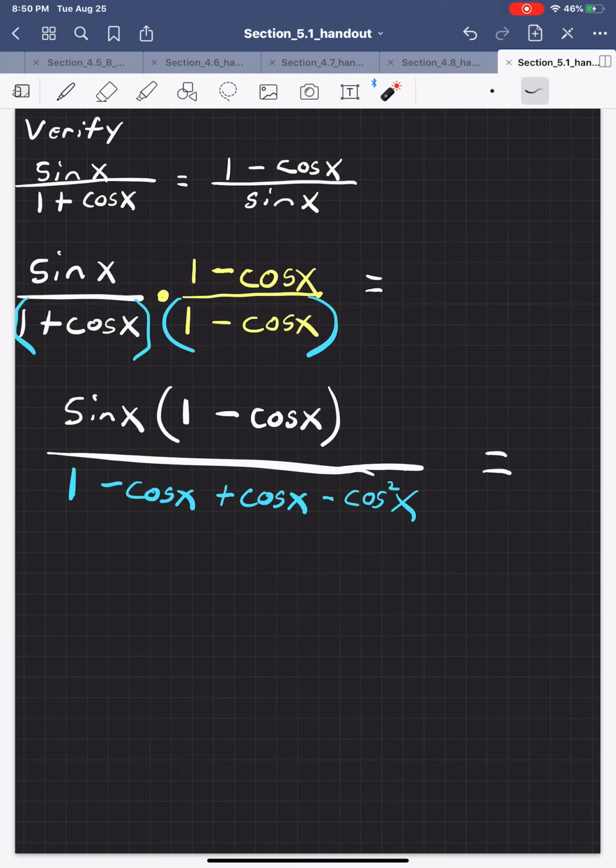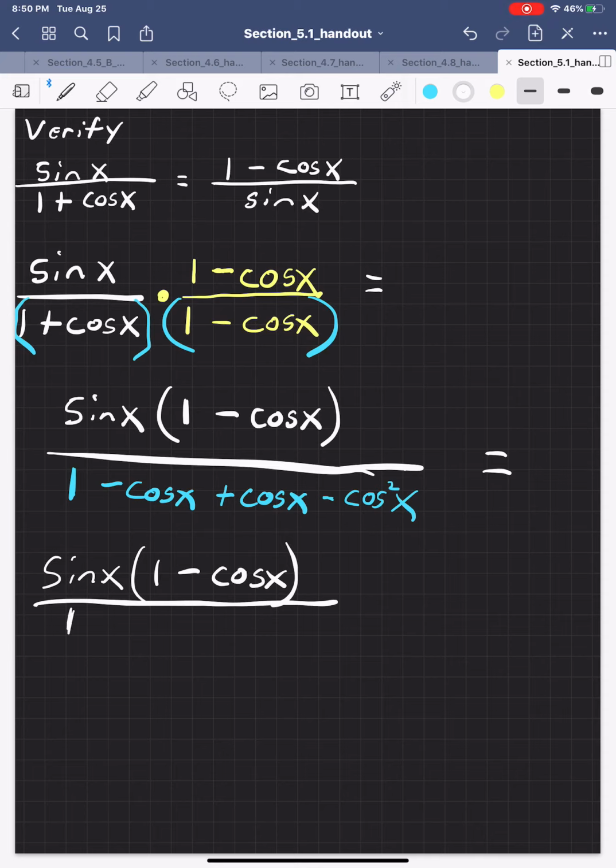At this stage, do you see that negative cosine plus cosine cancel? In fact, that's always going to happen. Anytime you multiply by its conjugate, these two middle terms always cancel. Let's write what would be left: sine of x times 1 minus cosine of x over 1 minus cosine squared x.